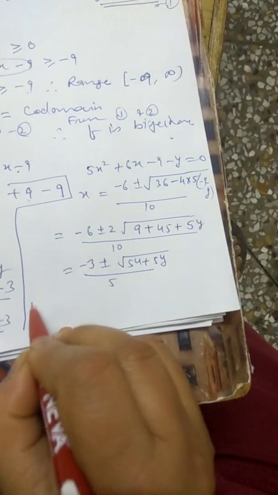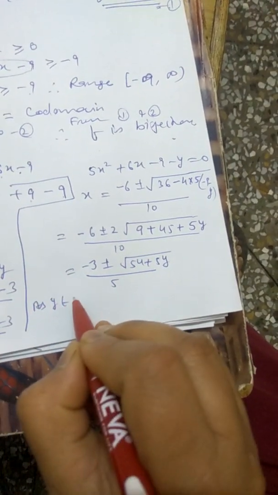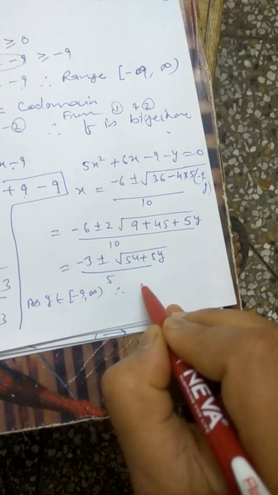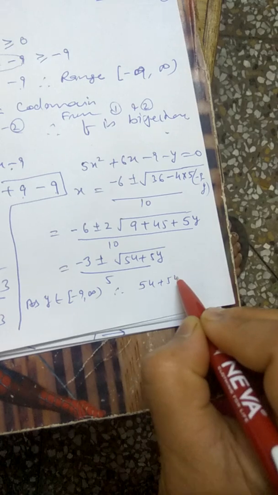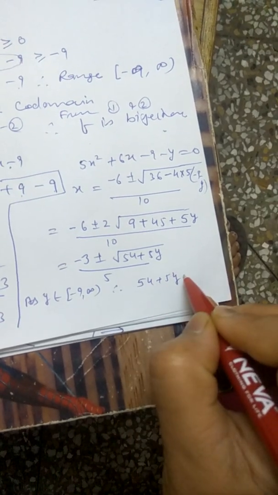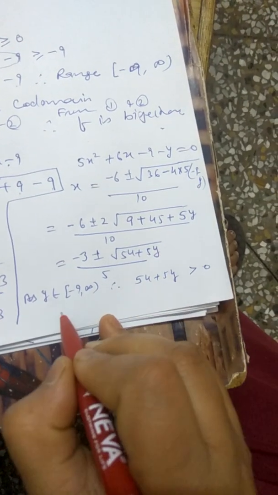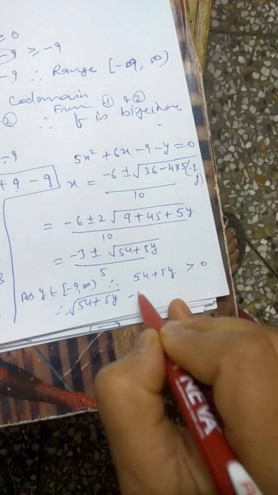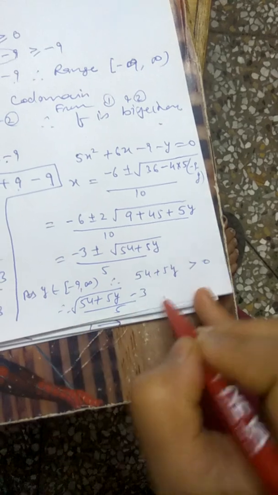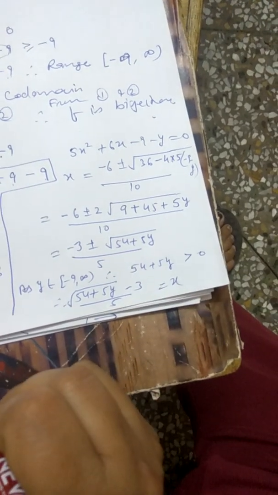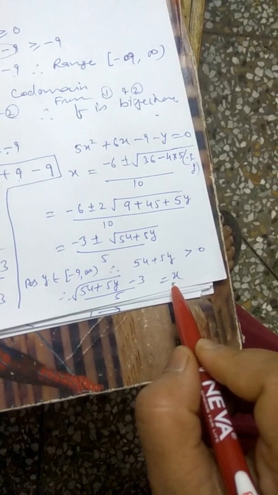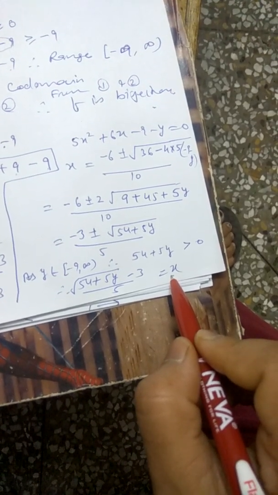As y belongs to [-9, infinity), this term √(54 + 5y) is greater than 0, and therefore (√(54 + 5y) - 3)/5 = x. And what is this x? x is the inverse of y.